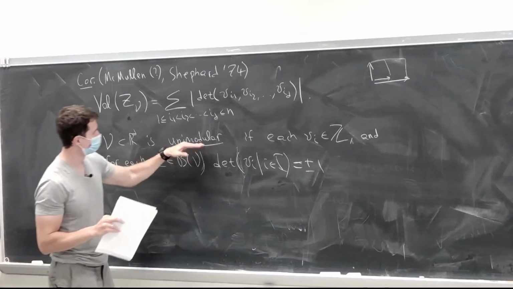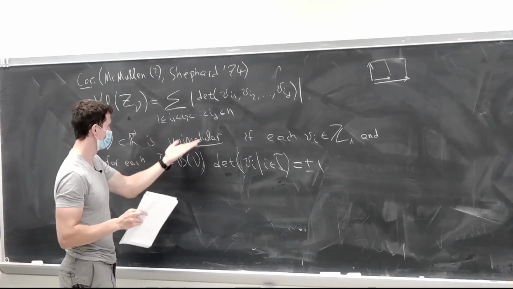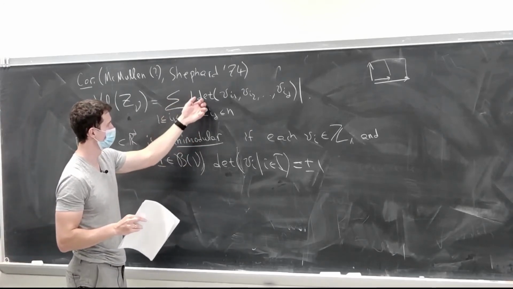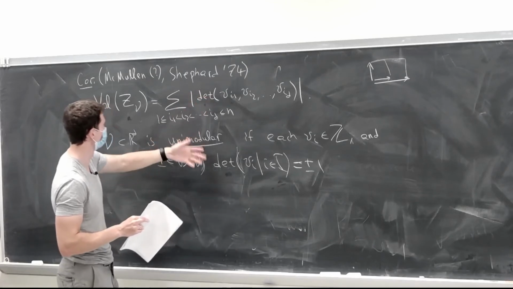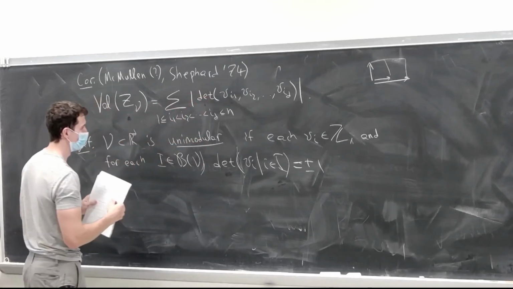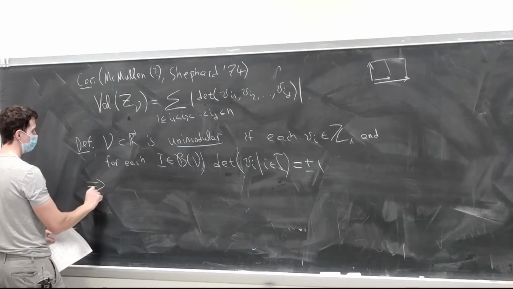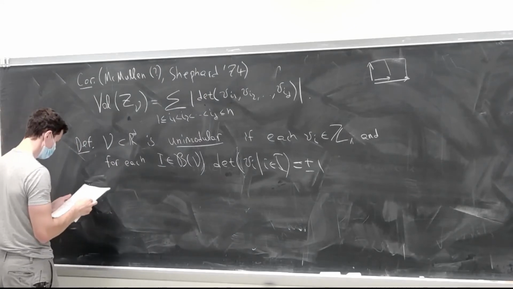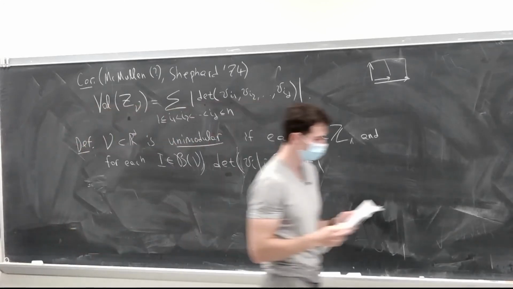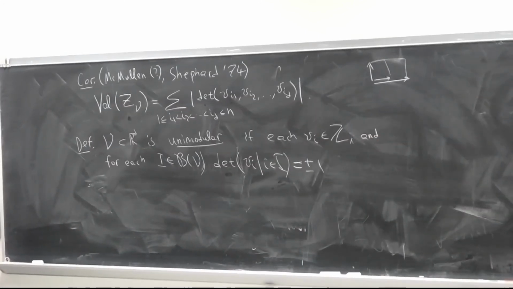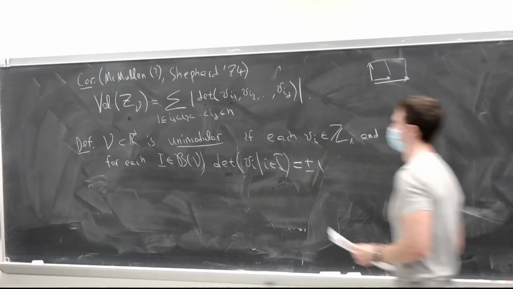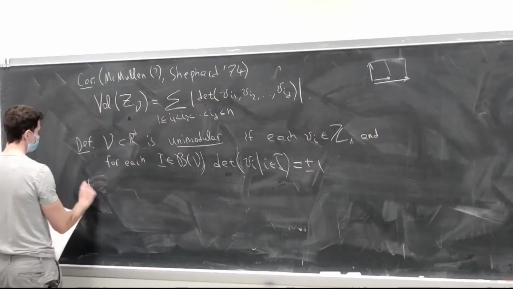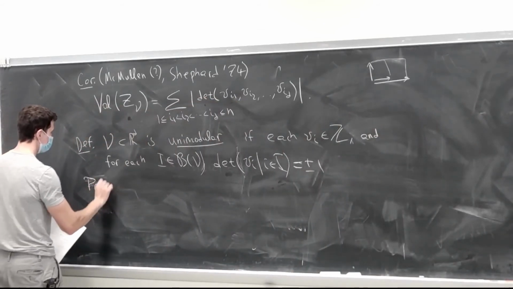So this unimodular condition is useful for us as combinatorialists because we don't have to compute determinants anymore. We can just compute the number. In this case, let me state this as a proposition.